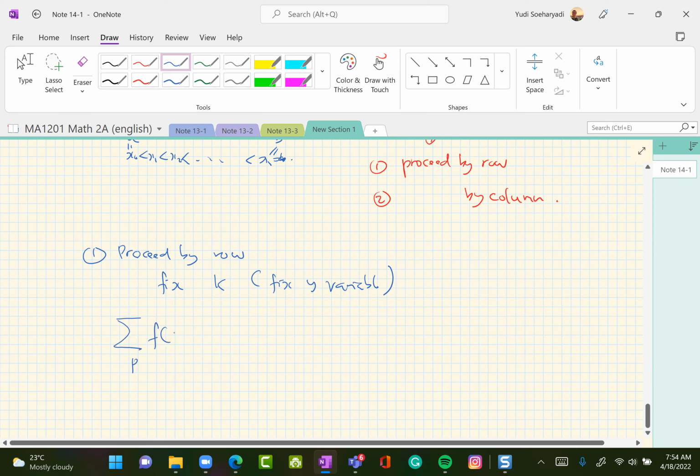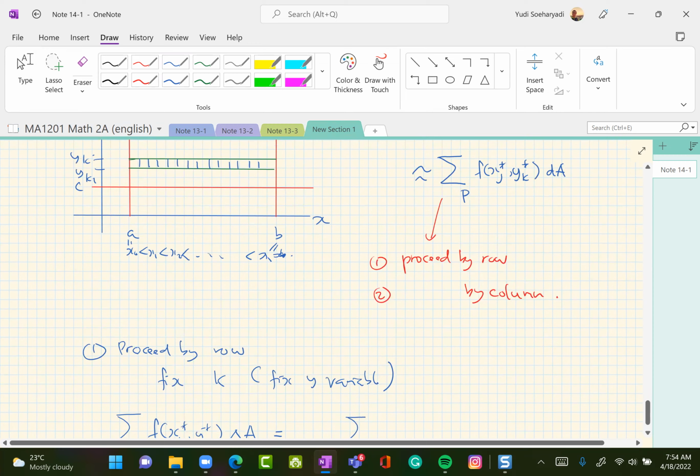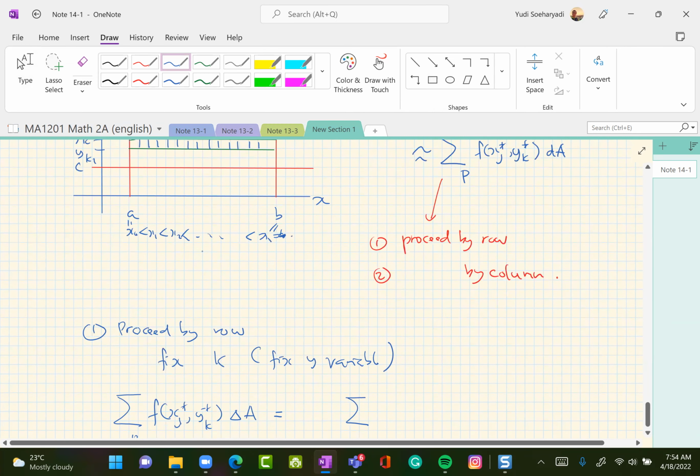So first we compute this one, by row, so the x moves.